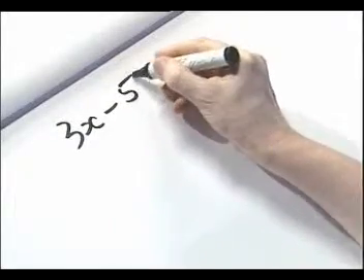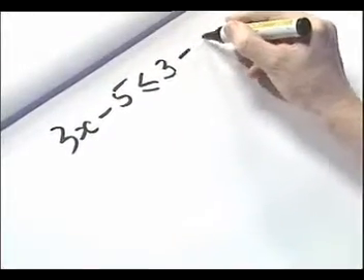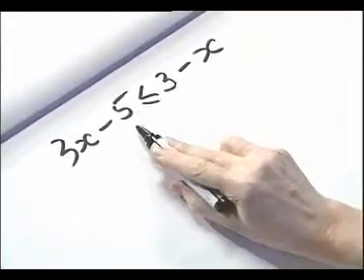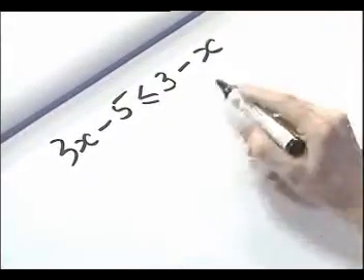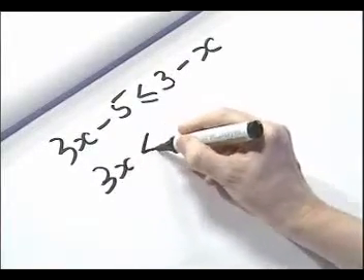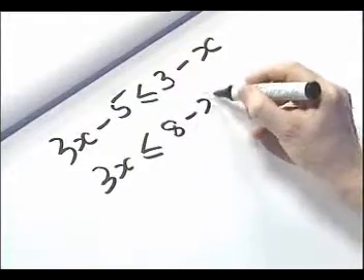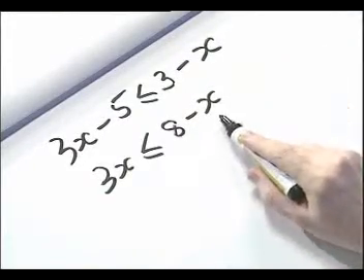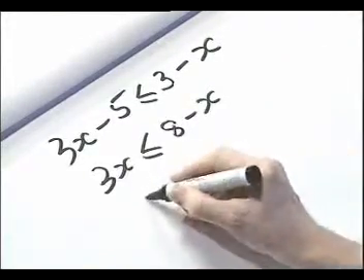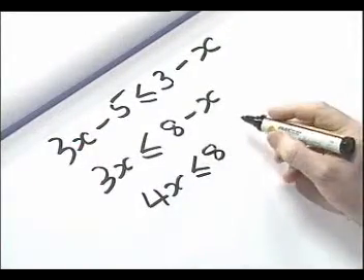Another example is 3x minus 5 is less than or equal to 3 minus x. This time I need to add 5 to both sides, which gives me 3x is less than or equal to 8 minus x. And then I need to add x to both sides, which gives me 4x less than or equal to 8.